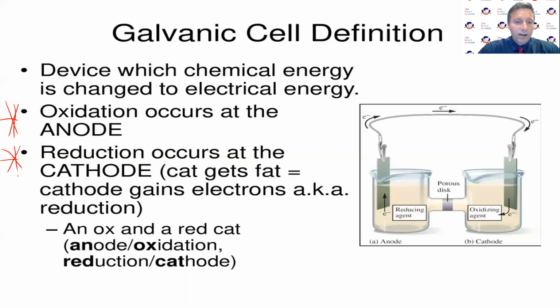A little phrase: cat gets fat, cathode gains electrons, reduction. Those are just some little ways to help you remember, but that's a very important point. And here is another example of a salt bridge, called a porous disc, just in a different format.